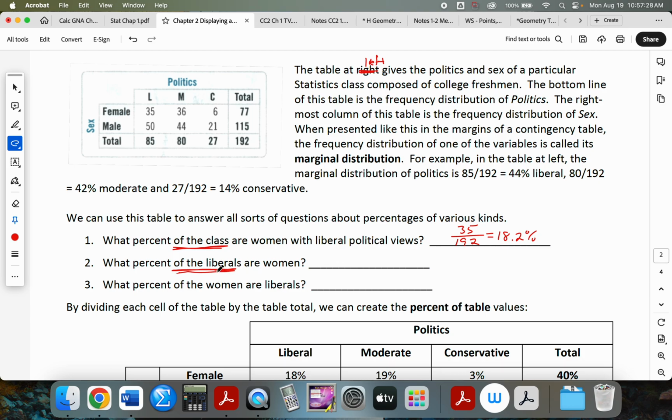Of the liberals, there are 85 liberals. That's my denominator, and I'm only looking at the liberals. So how many females are liberal? 35. So it's 35 out of 85, which is 41.1%.